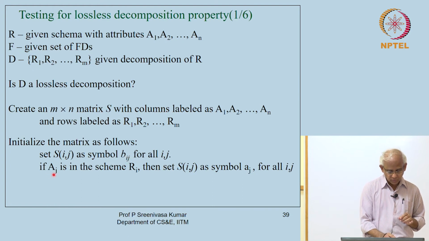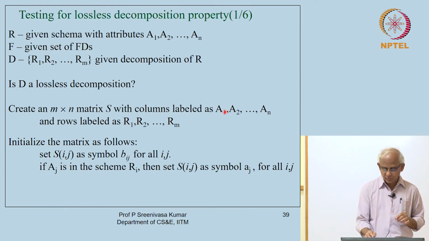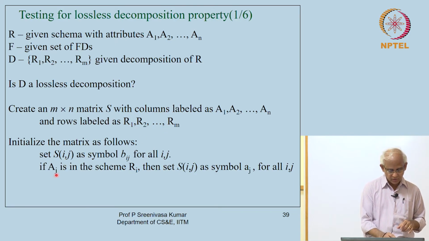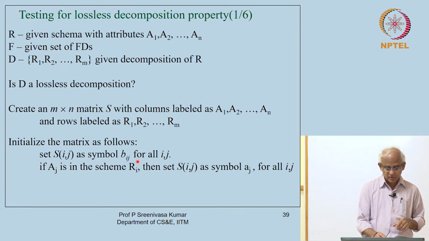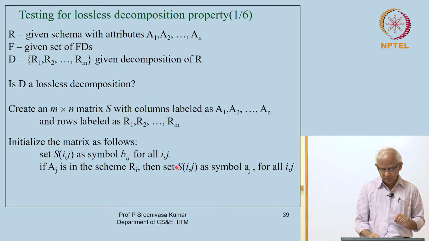Now, some of these attributes are part of these schemes R1 through Rm. So that information is captured like this. If some Aj, which is a column, is in the scheme Ri, schemes are in the rows, then what we are going to do is set the ith row jth column to a symbol called Aj.